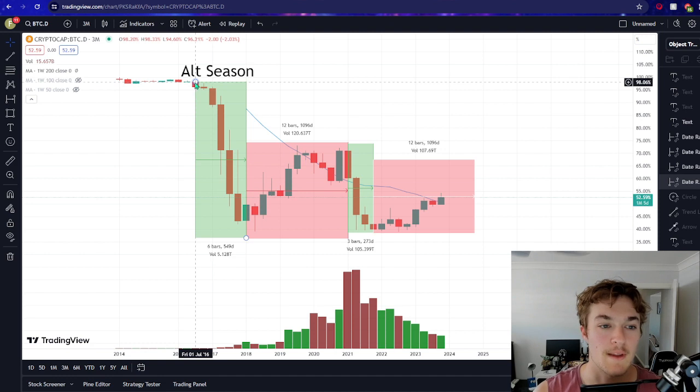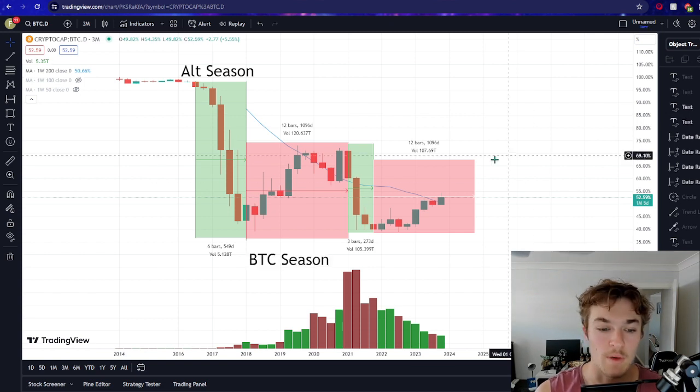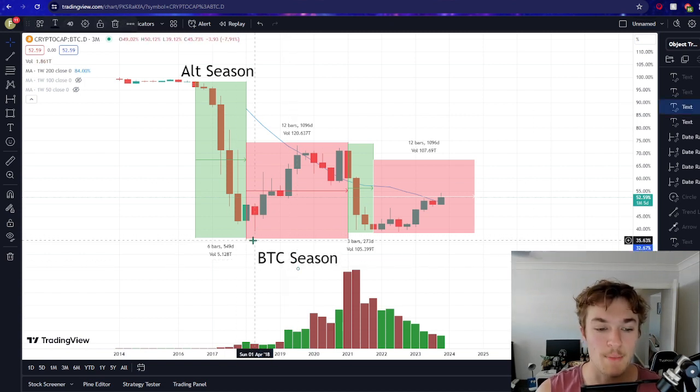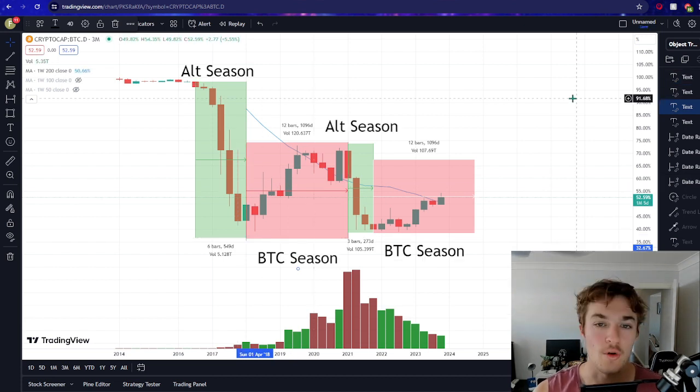So the altcoins are outpacing Bitcoin during this period, and vice versa. The red periods we could consider a Bitcoin season, where Bitcoin market cap is outpacing all the rest of the altcoins, and so on and so forth.